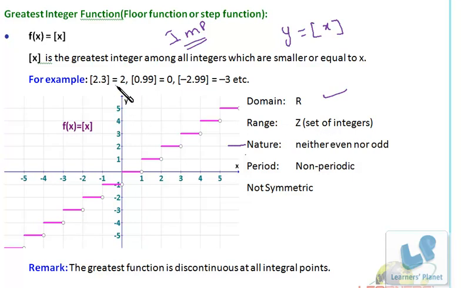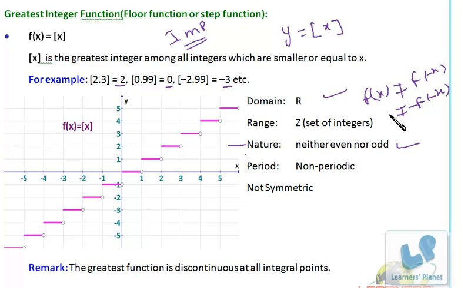We can see from here it's 2, 0, -3. So the range will always be the set of integers. It is neither an even nor an odd function, because f of x is not equal to f of minus x or to minus f of minus x, right?